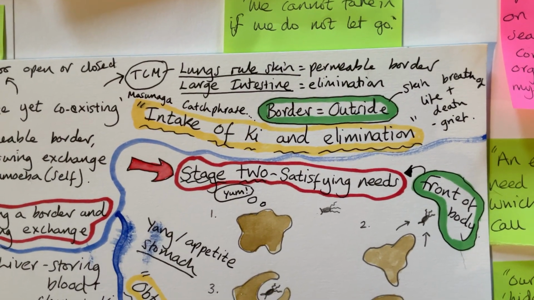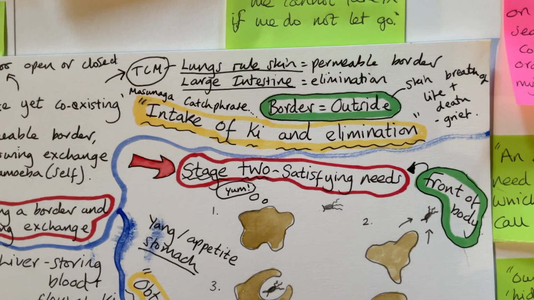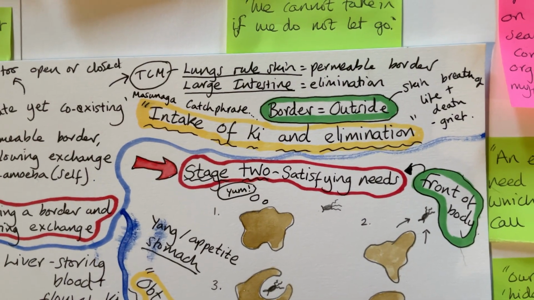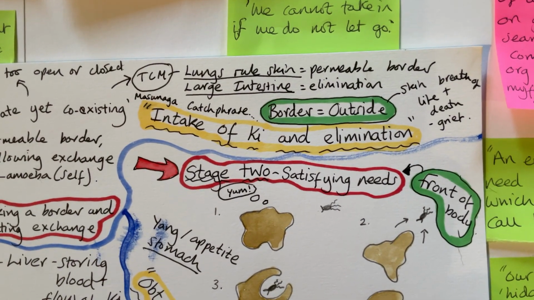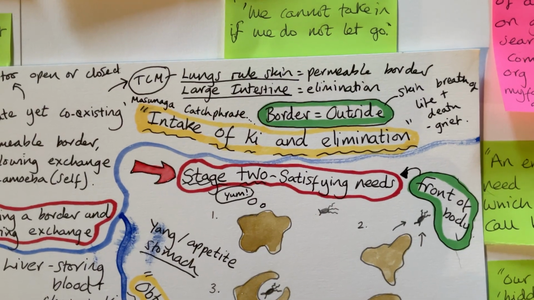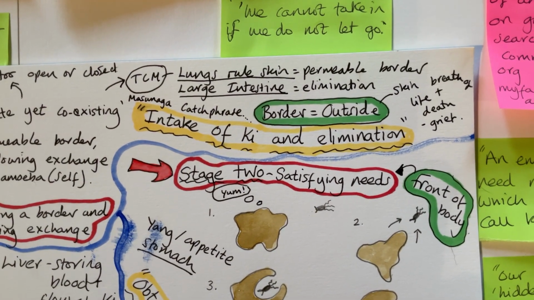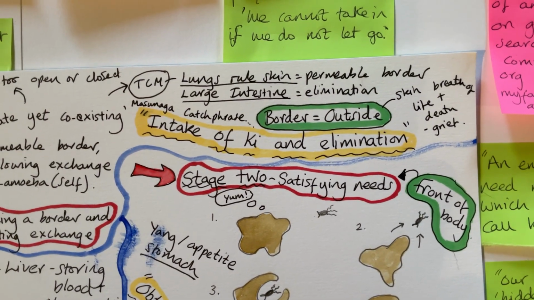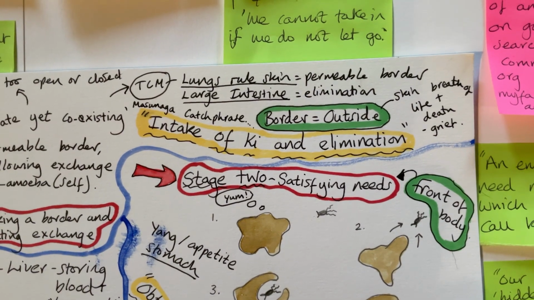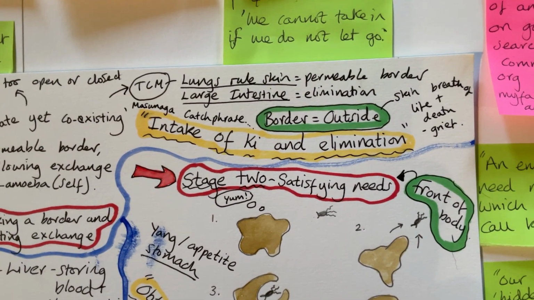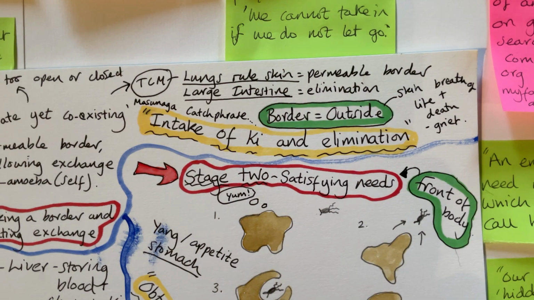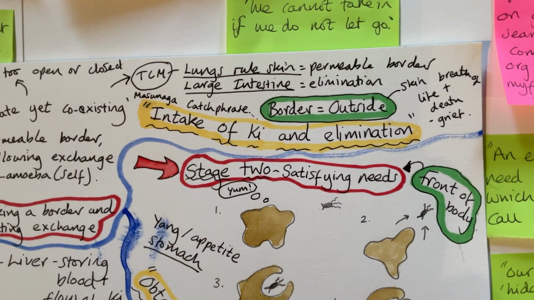Masanaga's catchphrase for this stage is intake of qi and elimination. It's on the border, which is on the outside. Our skin is like a border, and our breath of life begins, and death is a final breath out, and the lung and large intestine do relate to grief.